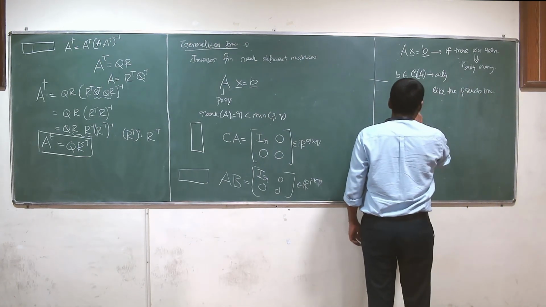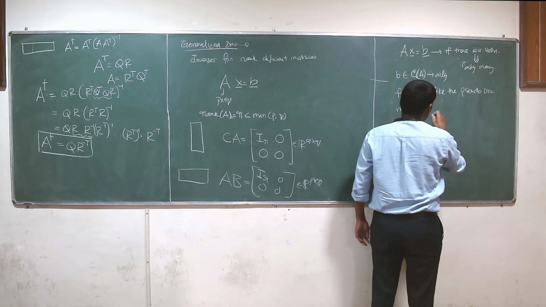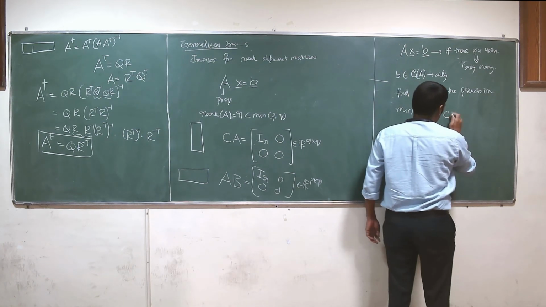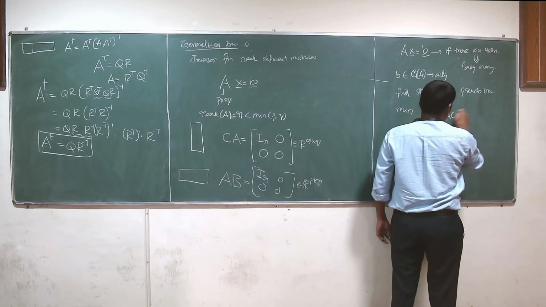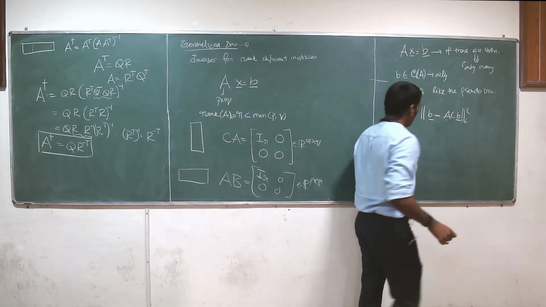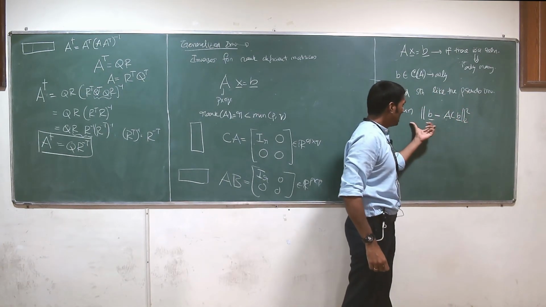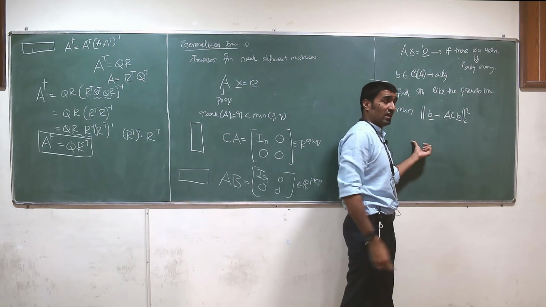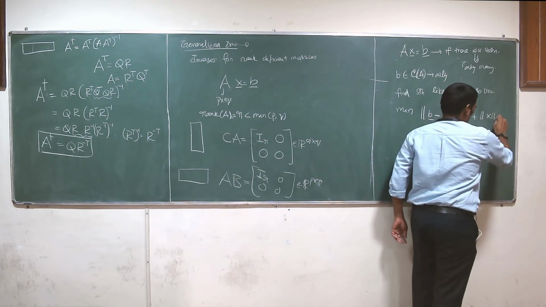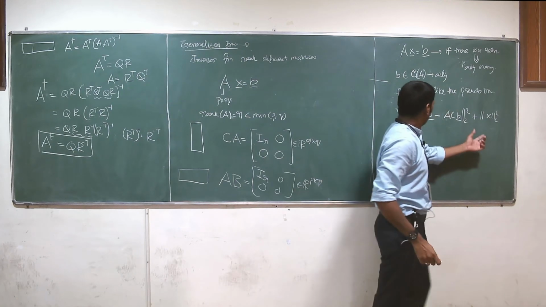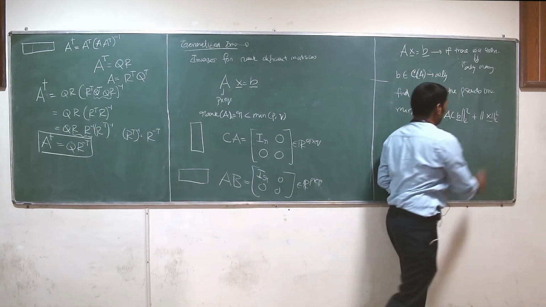By now posing a minimization problem like this, where you're saying B minus, let's say A is tall, right? If A was full rank, this minimization problem would have given me the left pseudo inverse. Now, if you simply add this, right?